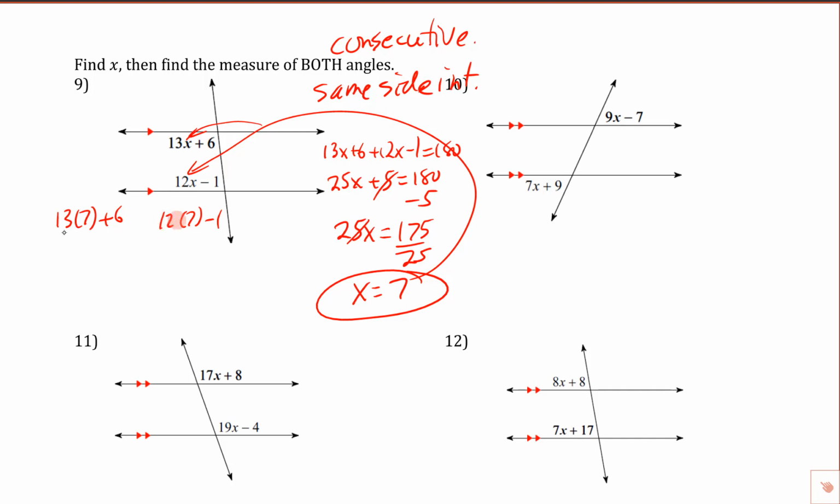Let's check. 13 times 10 would be 70, and 7 times 3 would be 21, so this is going to be 91 plus 6, so we get 97 degrees, and that's one of them. And then 12 times 7 is 84, minus 1, so that's going to be 83. So the other angle is 83.